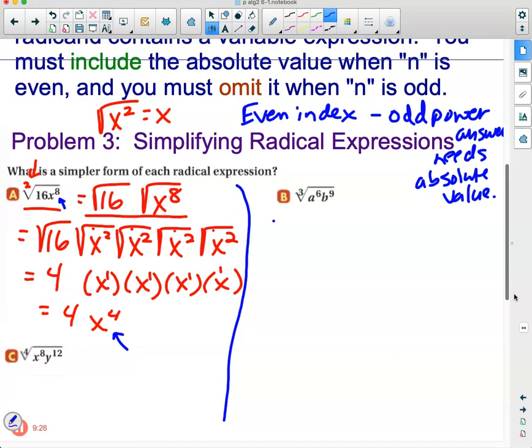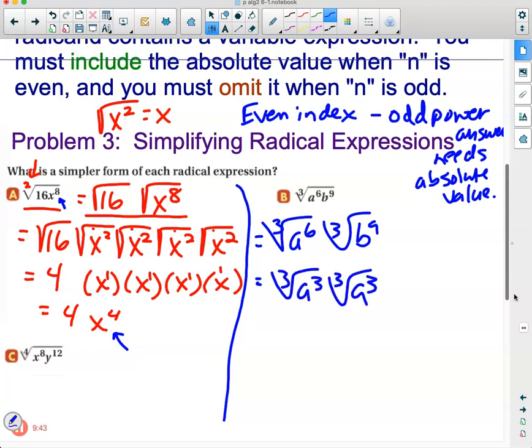Back to B, we would split this up as the cubed root of a to the 6th and the cubed root of b to the 9th, and then split it again, because right there, if you multiplied those back together, that would be the cubed root of a to the 6th, because when we multiply similar bases, we add the exponents.